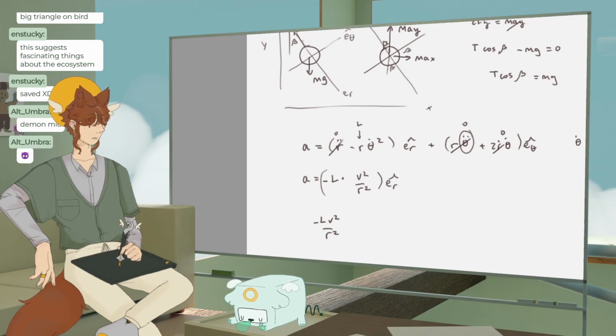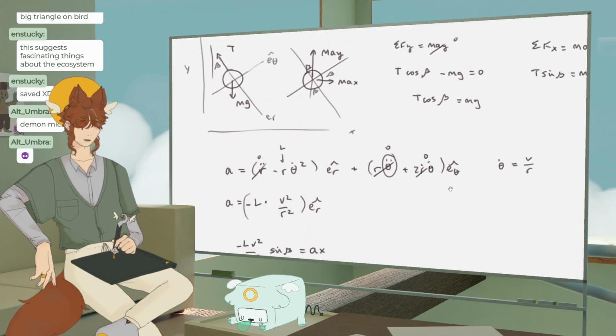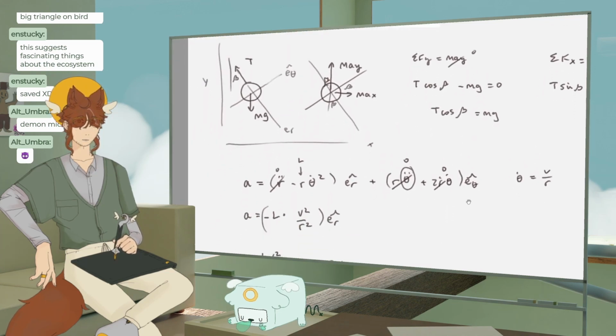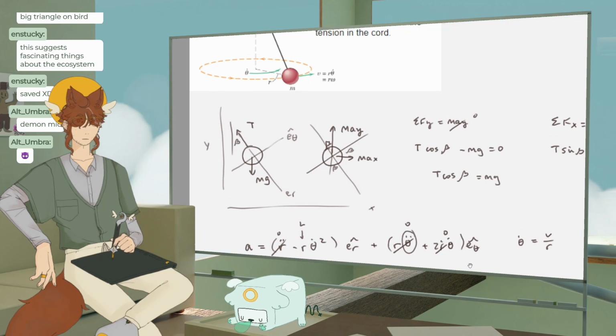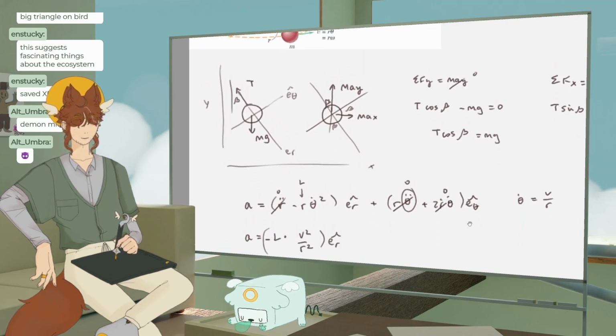This is the component of this, so it would be sine. Sine of beta equals a_x. Maybe, possibly. What do I need? I need the height. How do I get the height? L?